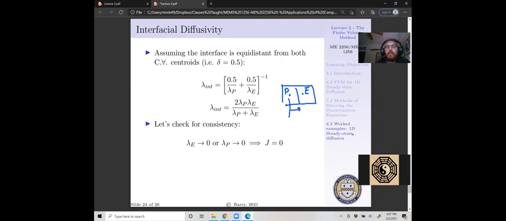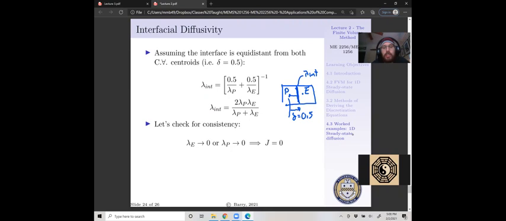Oftentimes for a uniform grid, delta would be equal to a half, because we're trying to solve for interfacial diffusivity. So if we do this, we'd have 1 minus 0.5 per lambda P, which is just 0.5 per lambda P, plus 0.5 per lambda E. And this is to the inverse.